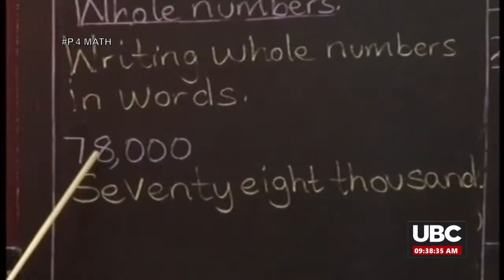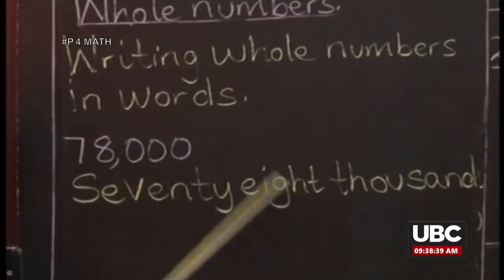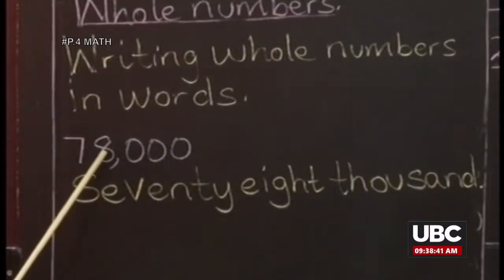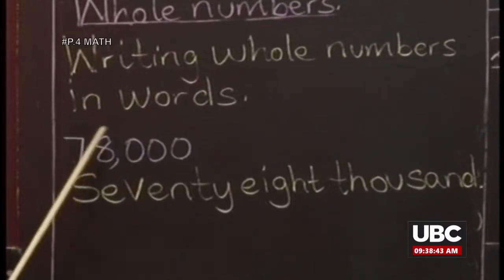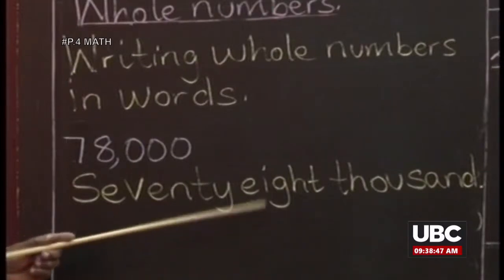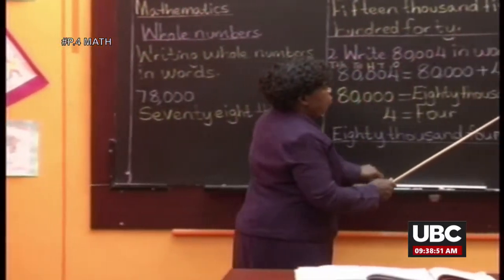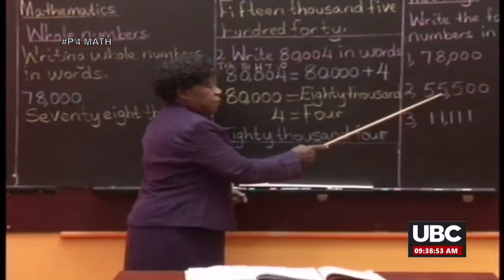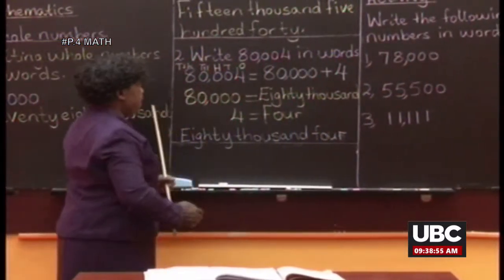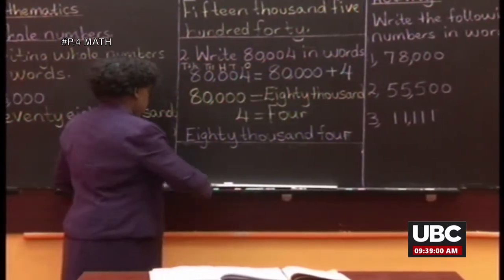We have written this number in words. It is in words here, and the figure form is 78,000. Number 2, we have 55,500.